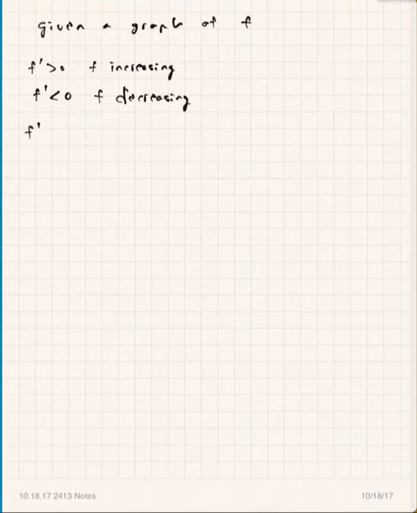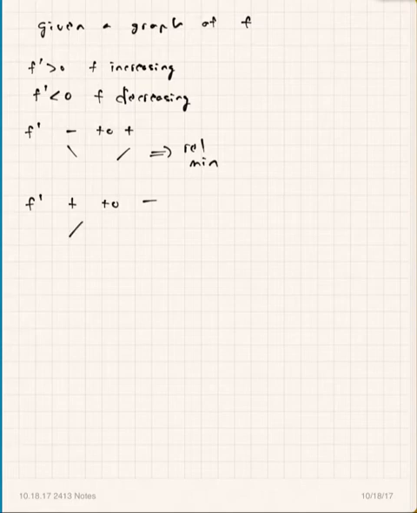If f prime changes from negative to positive, then you've got a function that's going from decreasing to increasing, and that implies a relative minimum. And if f prime goes from positive to negative, it implies the function's going from rising to falling, and that means you have a relative maximum.